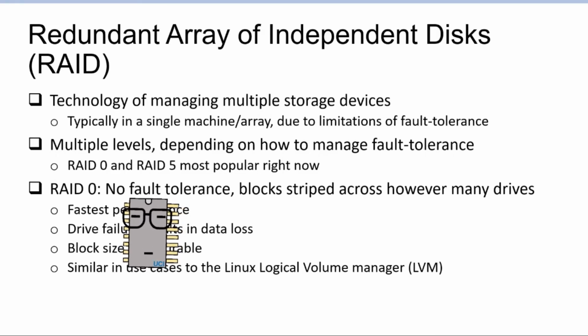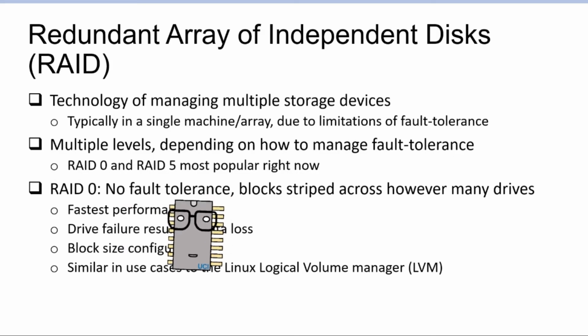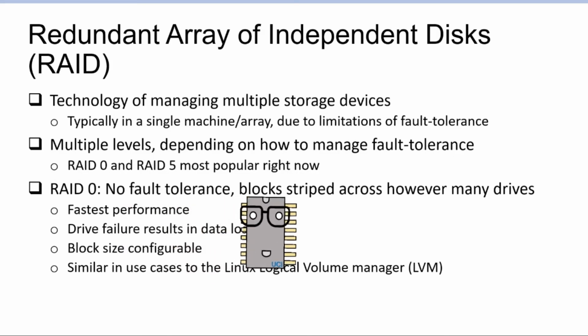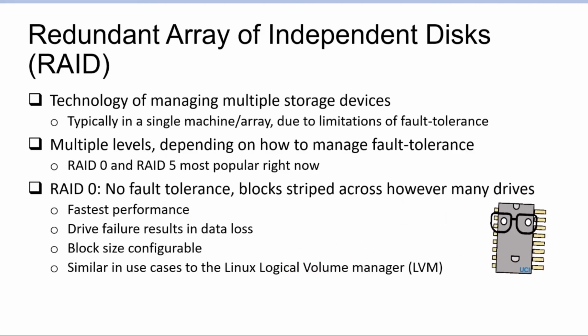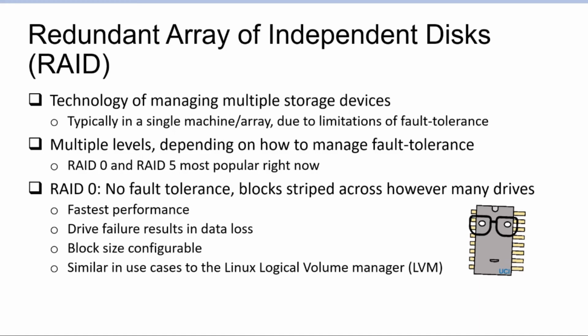RAID 0 has no fault tolerance, and all the blocks in a logical storage device that you want to write are striped and distributed round robin across however many drives you incorporated into RAID 0. You can create a RAID 0 array with 2 storage devices, 4, 5, 8, whatever. They're all going to appear as a single RAID 0 storage device if you install it.